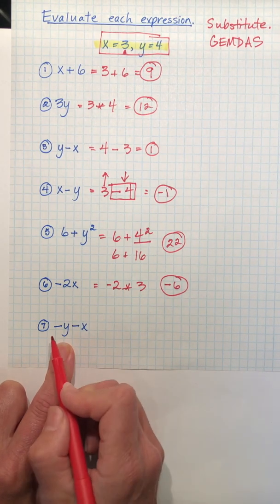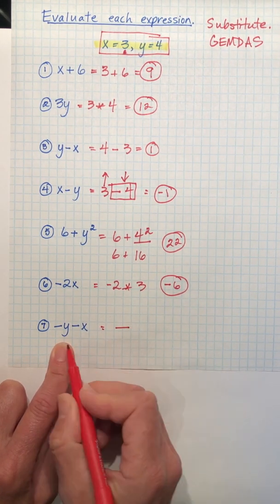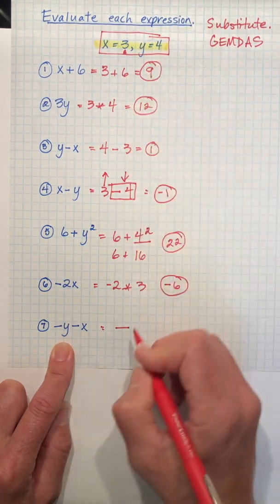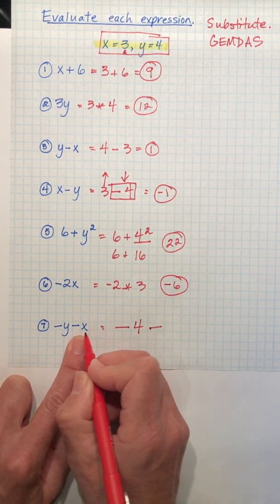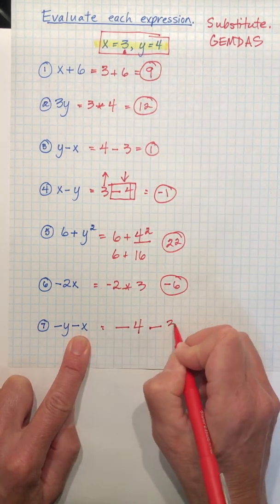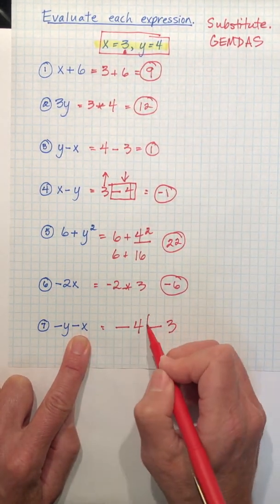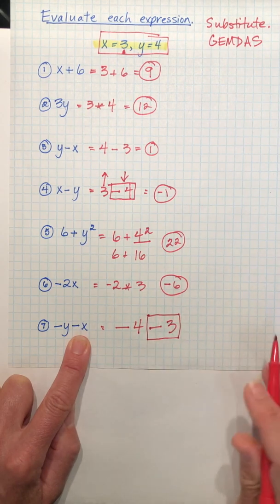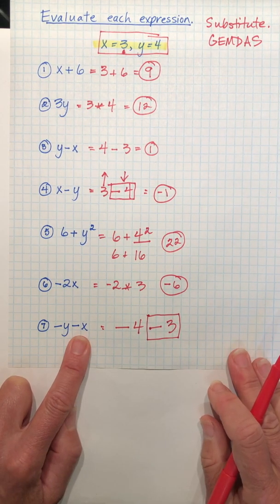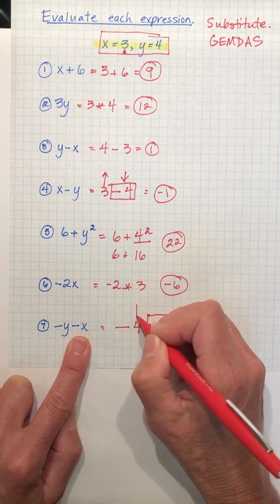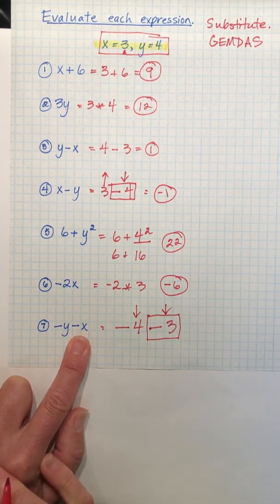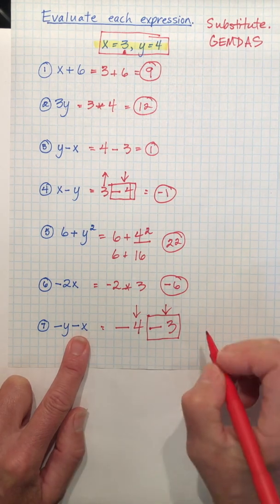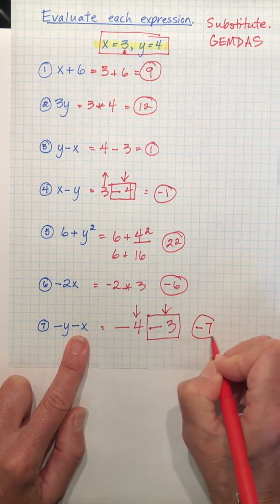Okay, negative y, which is 4, minus x, which is 3. I'm going to box in my subtraction so I can put it to bed. I have 4 dislikes, and I also have 3 more dislikes. That is a negative 7.